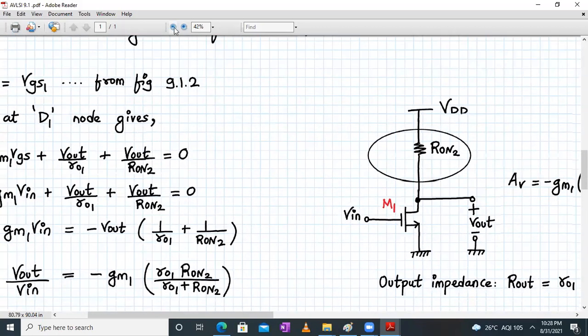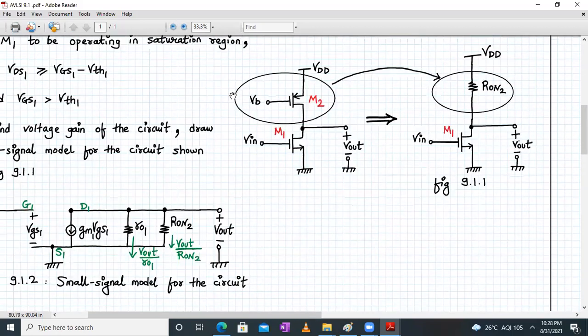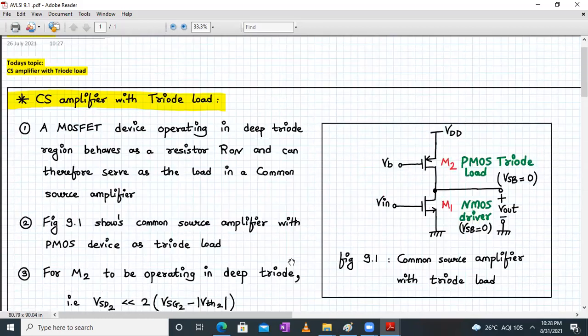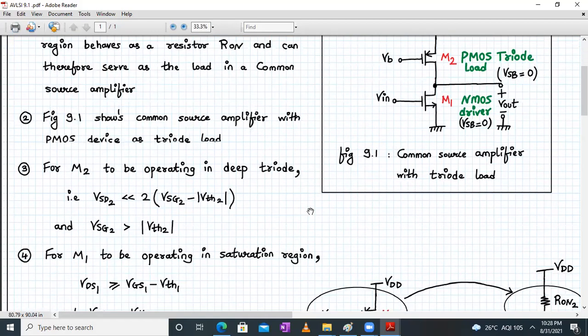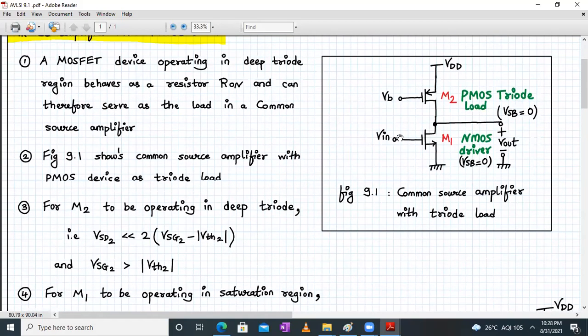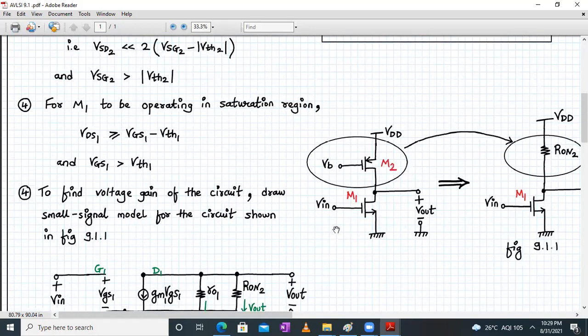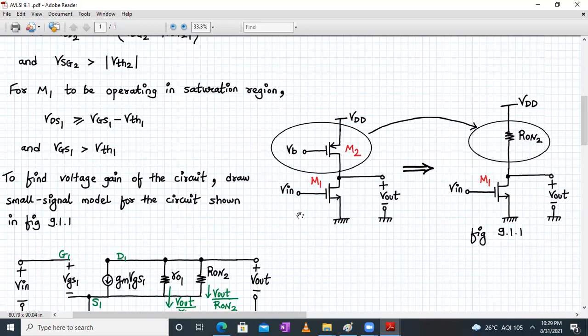So let's have a glance. We started with a common source amplifier with a triode load, and we determined why a MOSFET operating in the deep triode region can behave as a resistor, right? And then we saw the conditions for the M1 and M2 transistors to be in their respective operating regions. And then we started building up the circuit with respect to the small signal model.